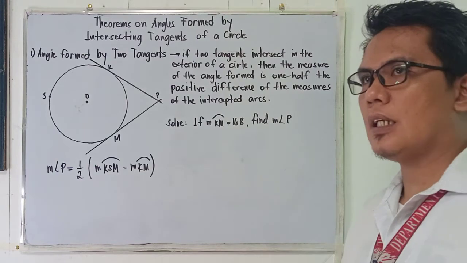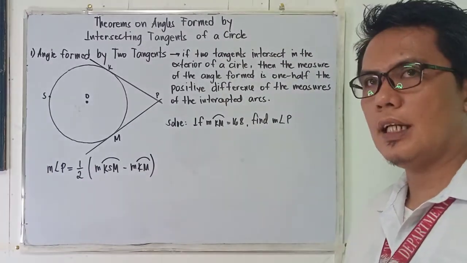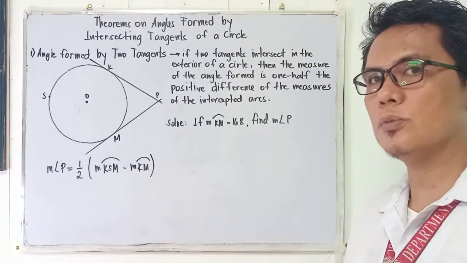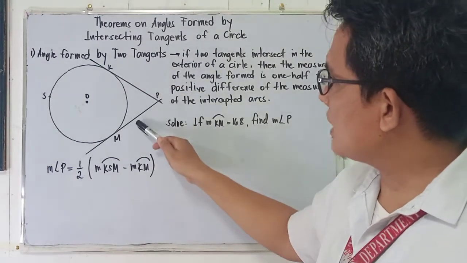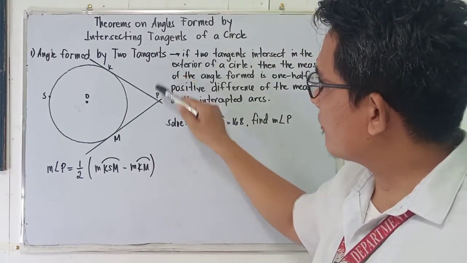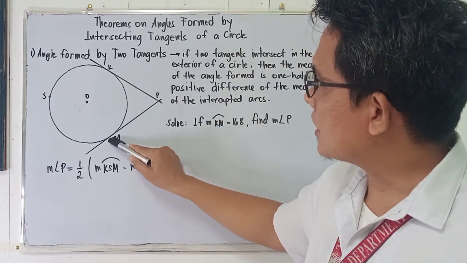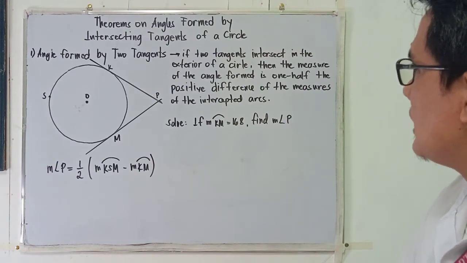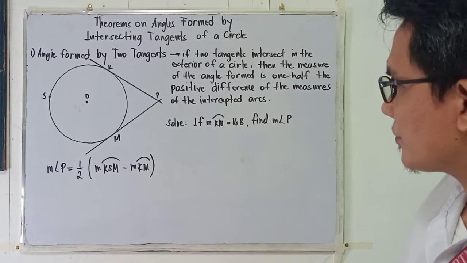The difference between a tangent line and a secant line is that a tangent line intersects at only one point, and a secant line intersects the circle at 2 points. Therefore, these two lines here are tangent lines, since they intersect the circle at one point each. So how are we going to solve if we have two tangent lines that intersect outside of the circle?